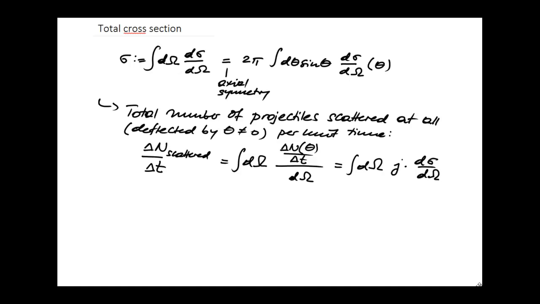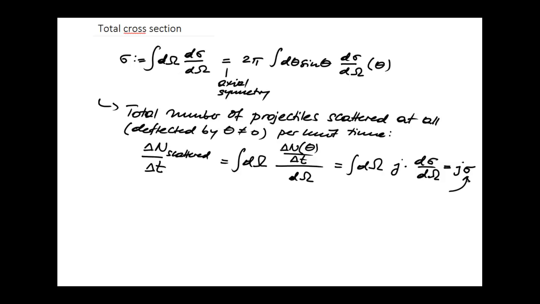You can take the incoming beam, a current density J in front of the integral, and what remains is by definition the total cross-section. So in other words, incoming current density times total cross-section equals the total number of particles that are scattered at all per unit time.